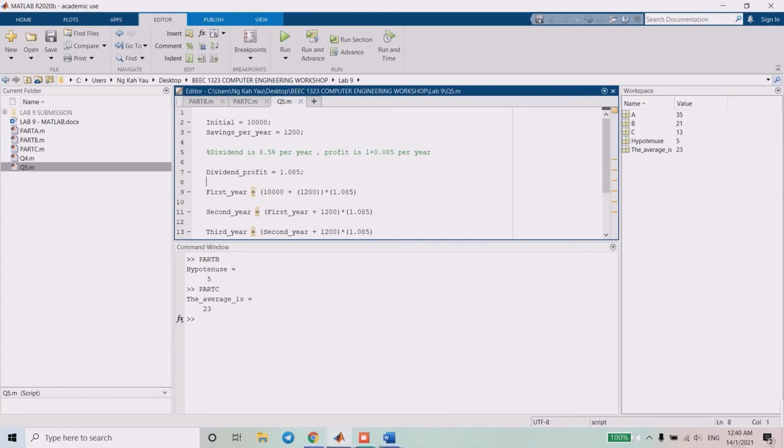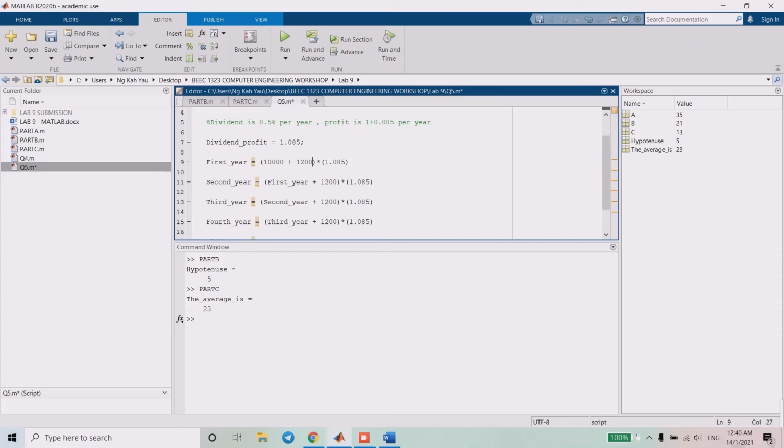So what we do is, first, I have 10,000. Then I add it with my savings, and then multiply with the dividend. For the second year, I take the previous year, add 1,200 again, and multiply with the dividend.